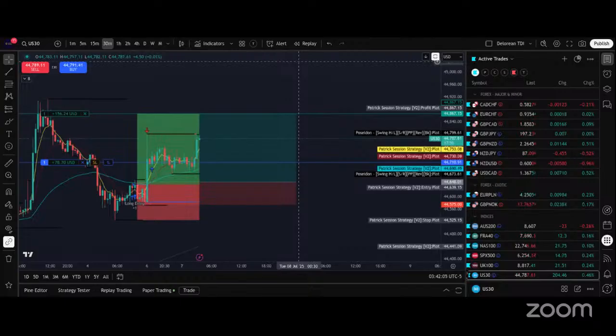After that, we have one more time stop at 4 a.m. That's where we'll end the live if we don't have any other opportunities to enter the market.